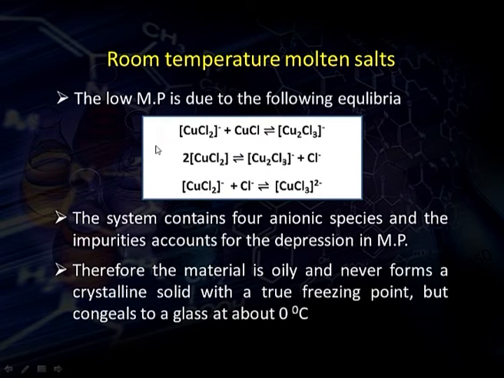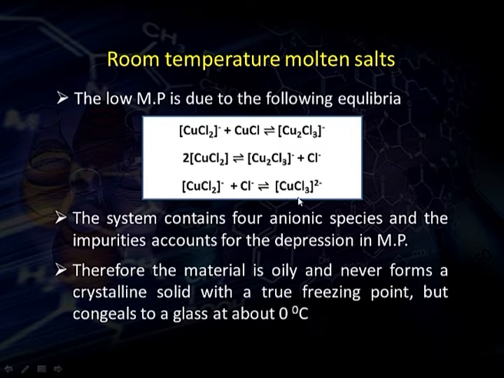The low melting point of the above light green oil is due to the following equilibria. Here we can see that CuCl2- plus CuCl remains in equilibrium with Cu2Cl3-. In the second equilibrium, two molecules of CuCl2- remain in equilibrium with Cu2Cl3- plus Cl-. Then we have CuCl2- plus Cl- remaining in equilibrium with CuCl3 2-.